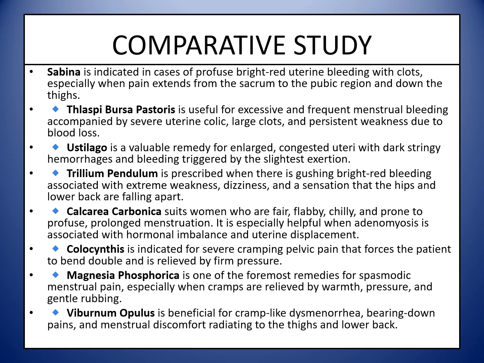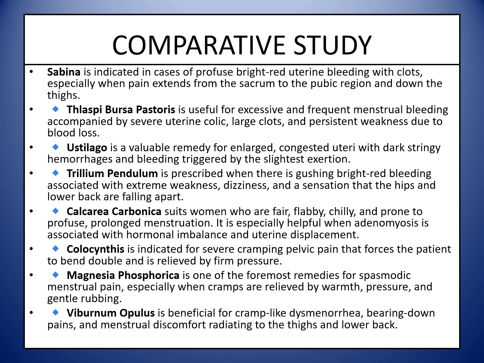Ustilago is a valuable remedy for an enlarged congested uterus with dark stringy hemorrhage and bleeding triggered by the slightest exertion, either at the menopause or after a miscarriage. Trillium pendulum is prescribed when there is gushing bright red bleeding associated with extreme weakness, dizziness and a sensation that the hips and lower back are falling apart.